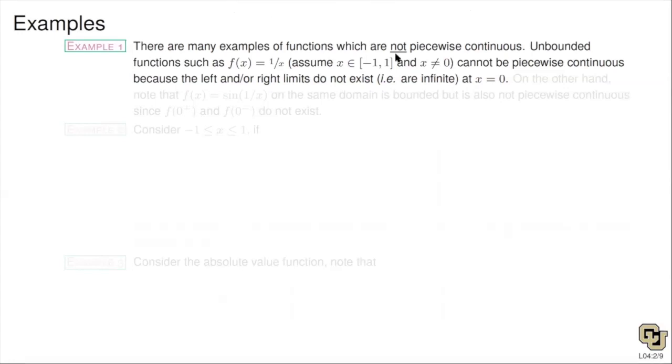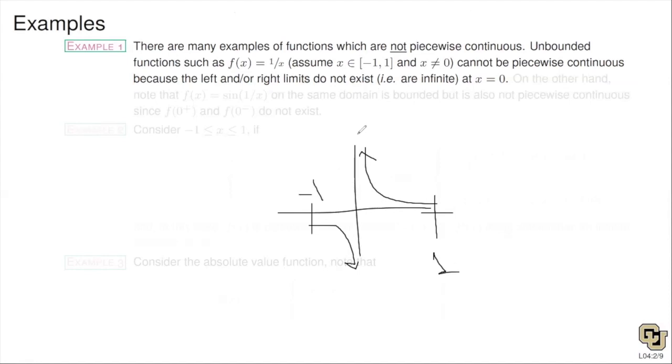You remember the graph of 1 over x. And so right here, these infinite limits, we don't allow that for the definition of a piecewise smooth function.